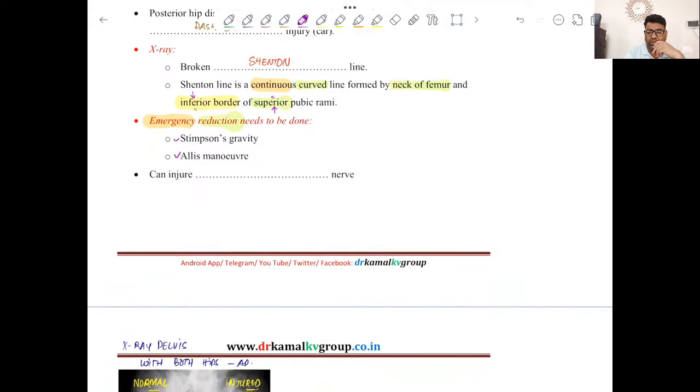At times we need to reduce the joint under general anesthesia, because there is so much muscle pull, and it makes the reduction very difficult if you don't give a muscle relaxant. So we have to give a short GA so that the muscle pull becomes weaker, and that helps us in reducing the joint.